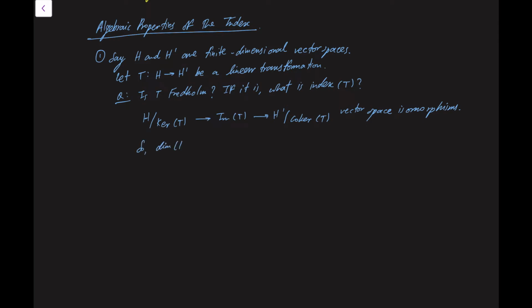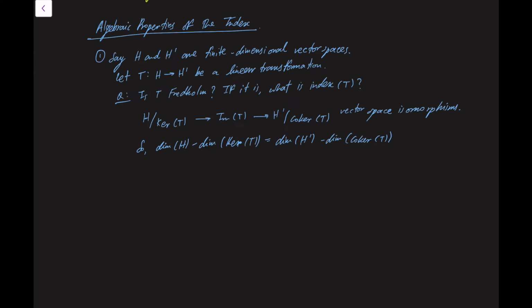So the dimension of H minus the dimension of the kernel of T must equal the dimension of H prime minus the dimension of the co-kernel of T.